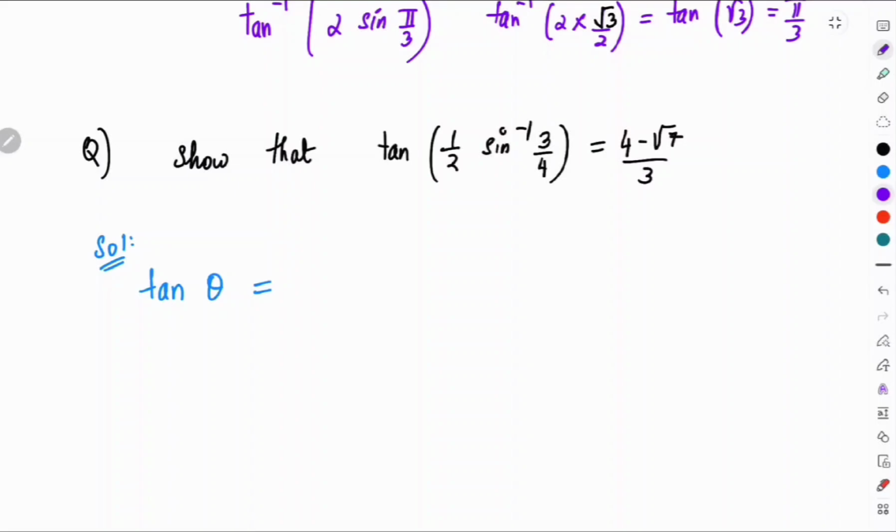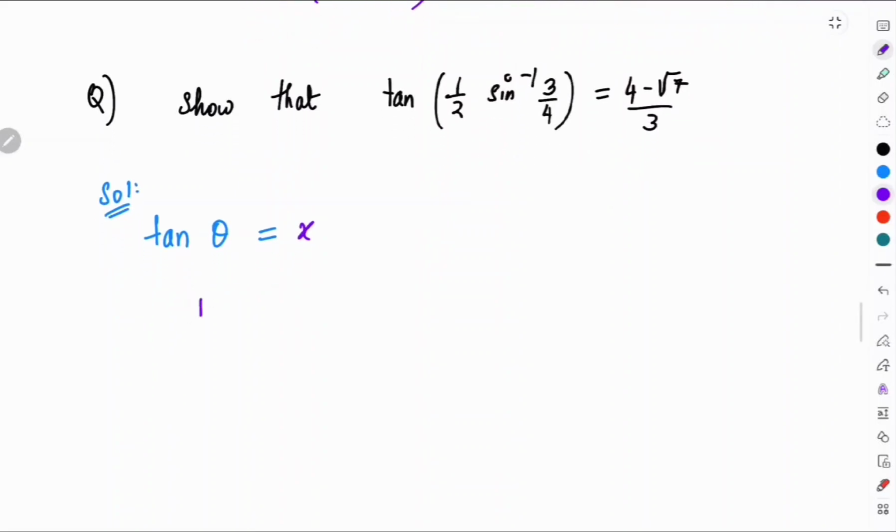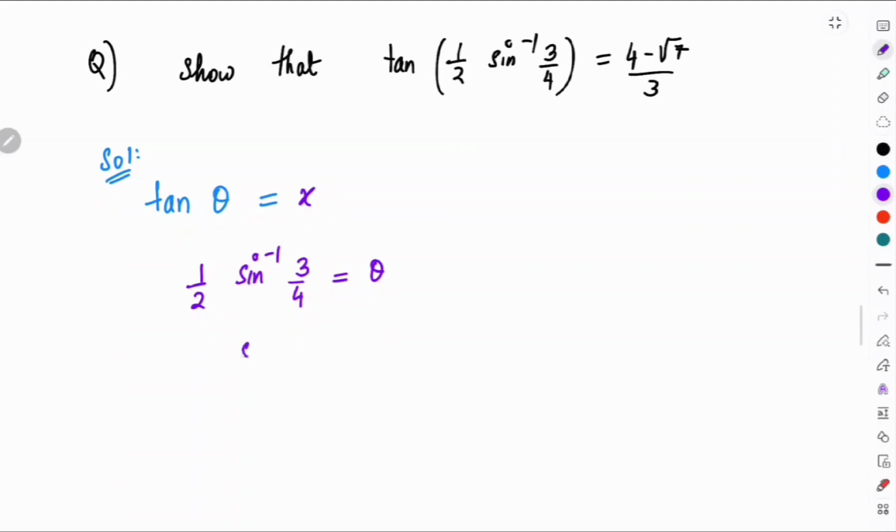We have to show that tan θ is equal to (4 − √7)/3, so we consider it as x. Okay, so (1/2) sin⁻¹(3/4) is equal to θ, right? So sin⁻¹(3/4) = 2θ, so 3/4 = sin 2θ. Yes, we have got sin 2θ = 3/4. Now we have to find out tan θ only.